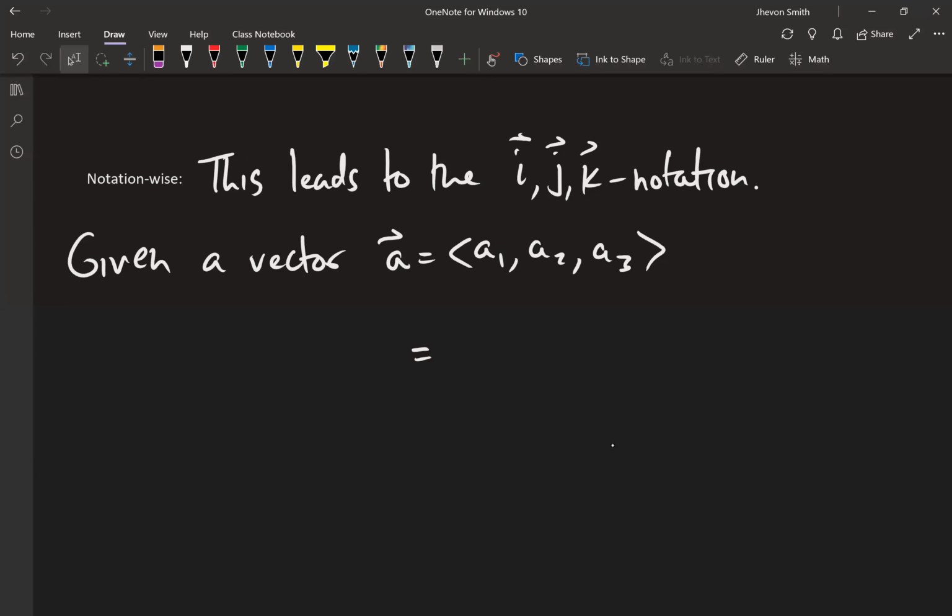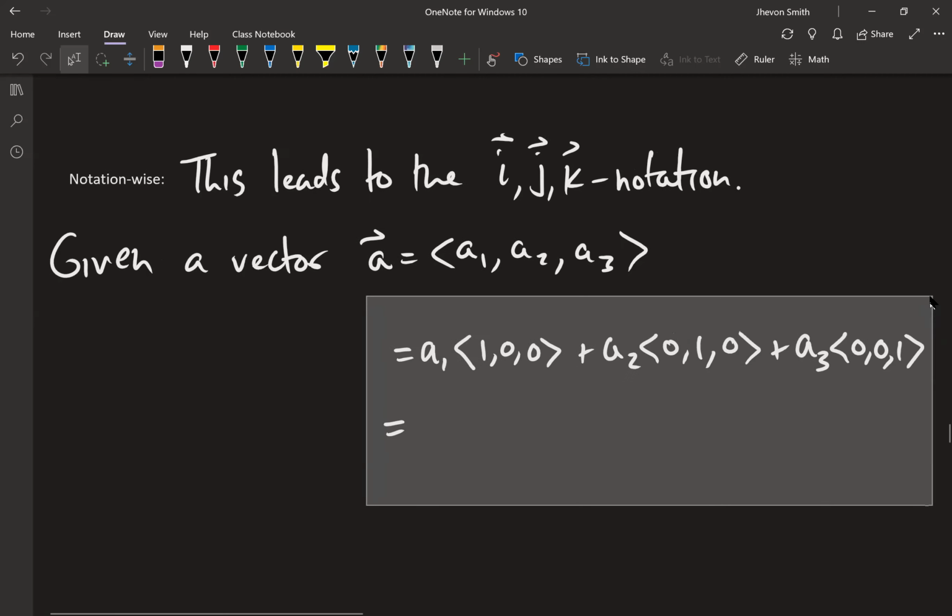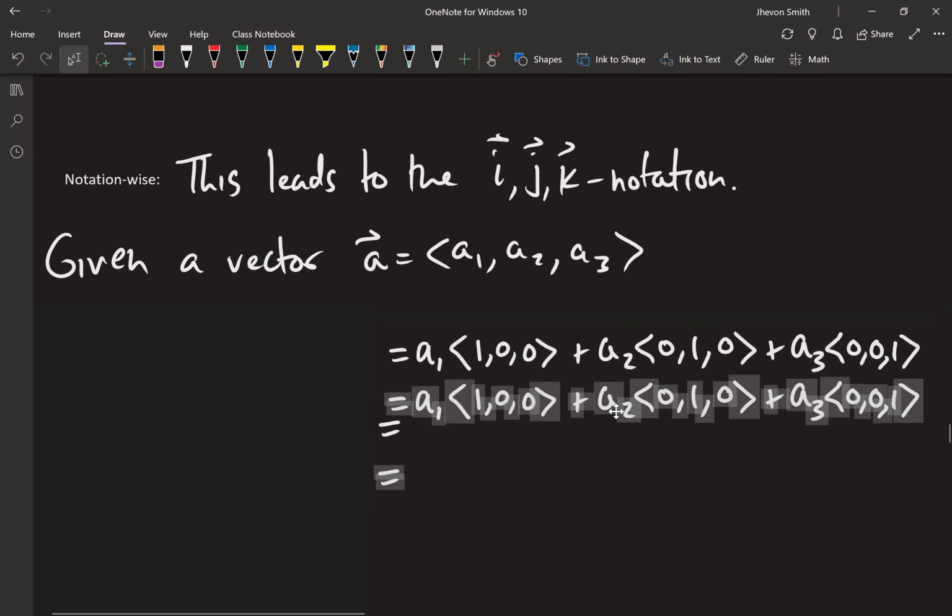I can write this down as, based on what we know about vector addition and scalar multiplication, A1 times that, plus A2 times that, plus A3 times that. So you'll notice that I'm able to take any vector and expand it into 3 separate parts, right?